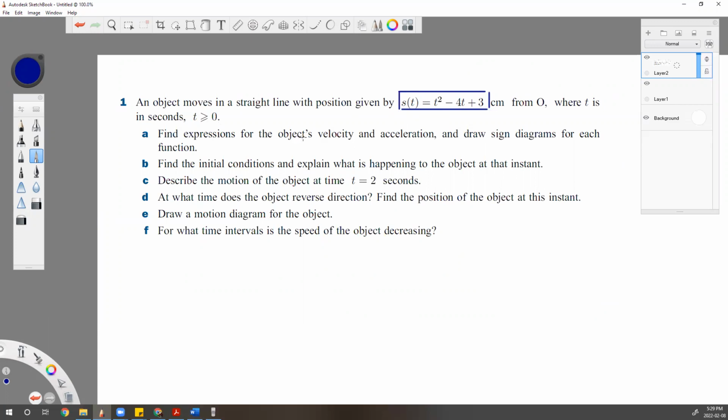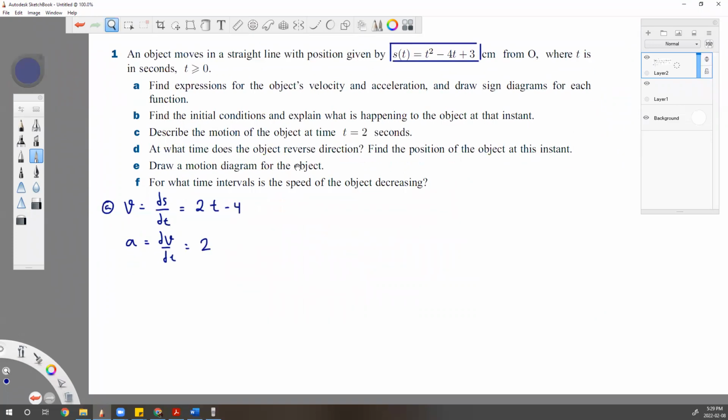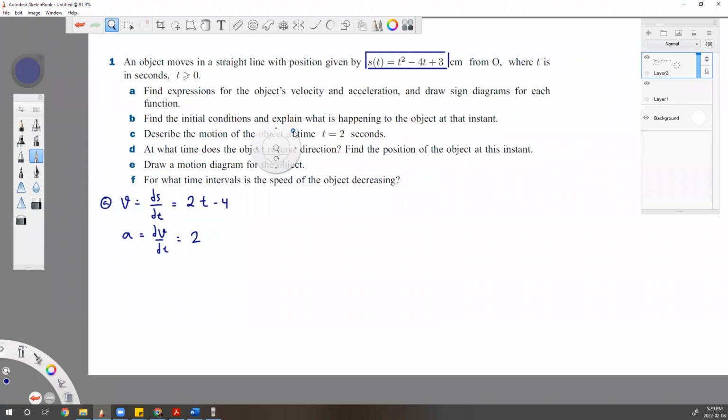Find expressions for v and a of the object and draw a sign diagram for each function. I don't think we need to draw sign diagrams, but for question A, v equals ds over dt, the first derivative, so 2t minus 4, that's all. And a equals dv over dt, which is 2 itself. No need for the sign diagram because the plus minus is memorization.